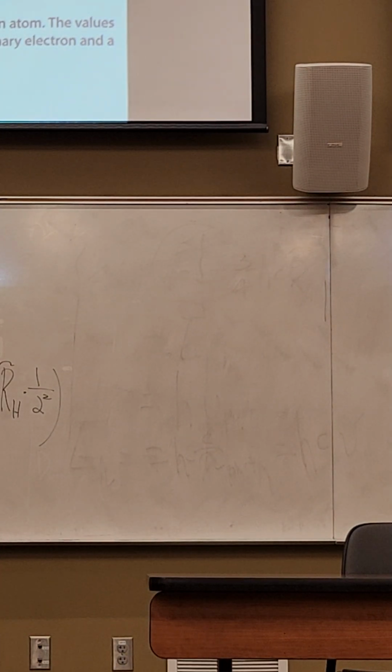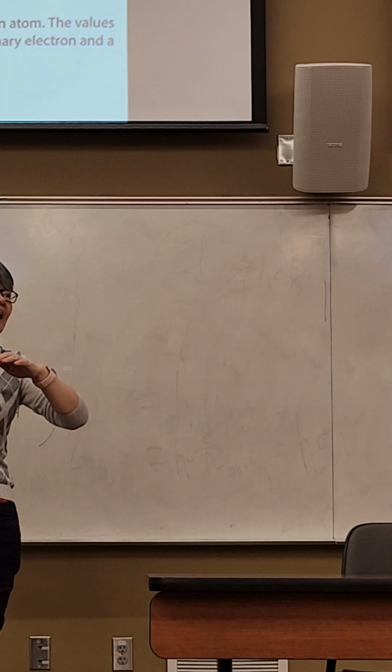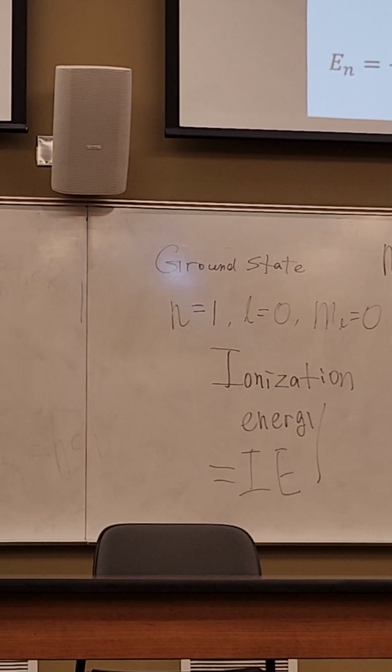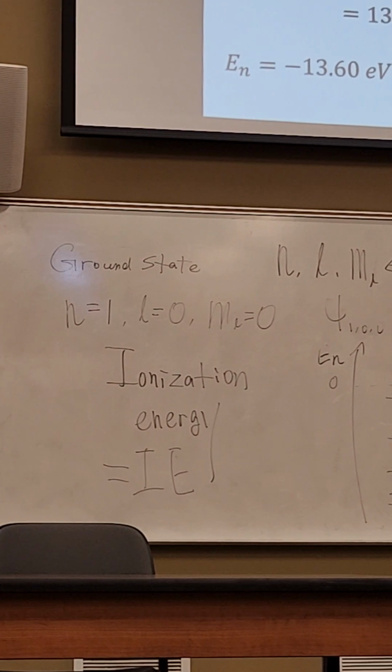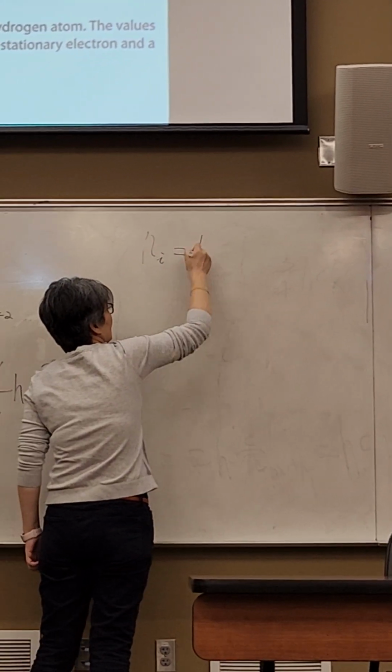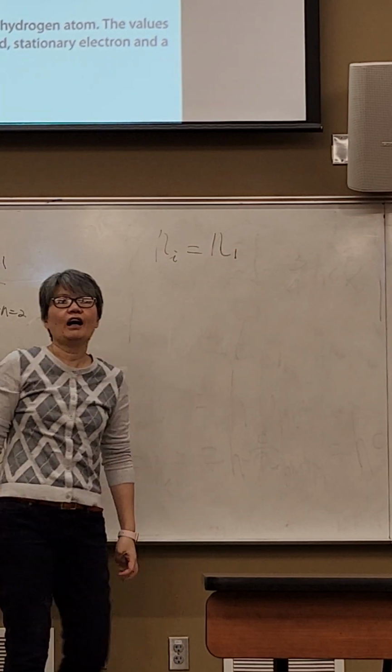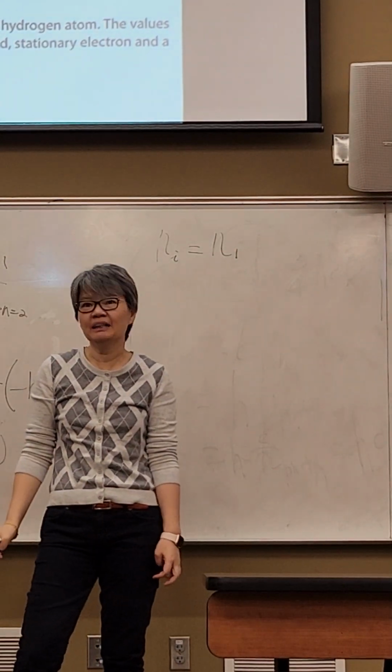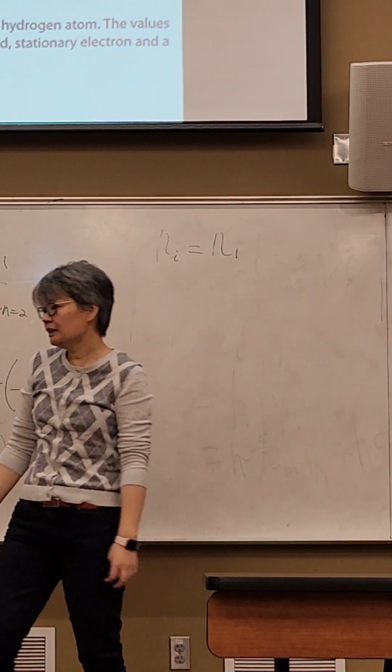If we remove an electron from the atom, we go from some state to some state. The initial state is the ground state. You guys agree?